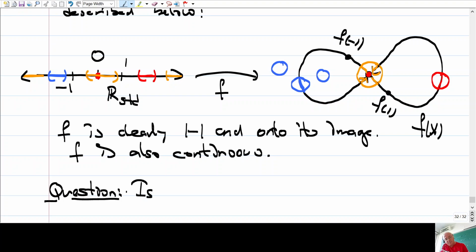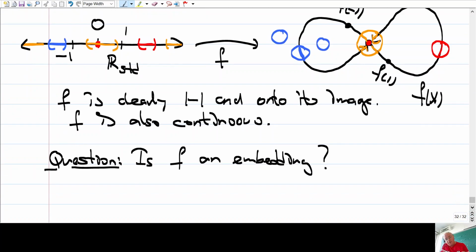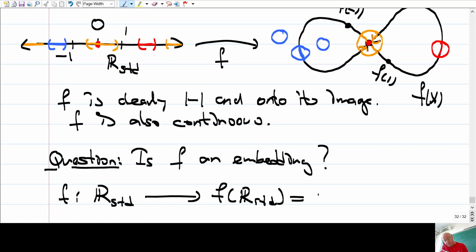Is f an embedding? Okay. So we have this map f from R standard to its image, which is this figure 8. Let me call it Y, as a subset of R2 standard.